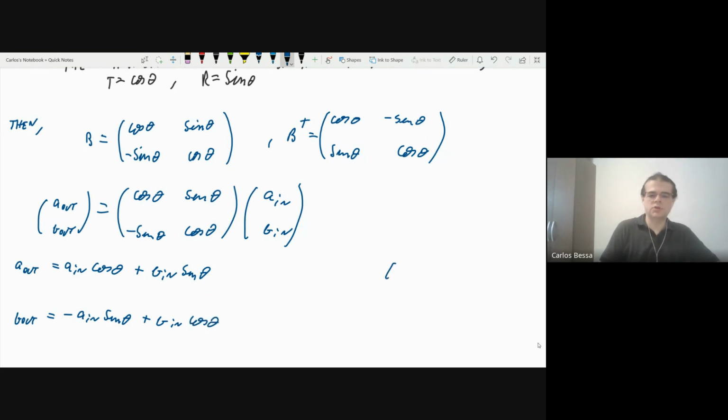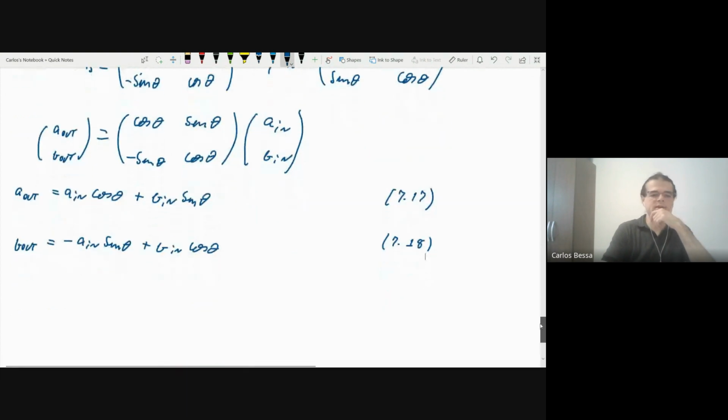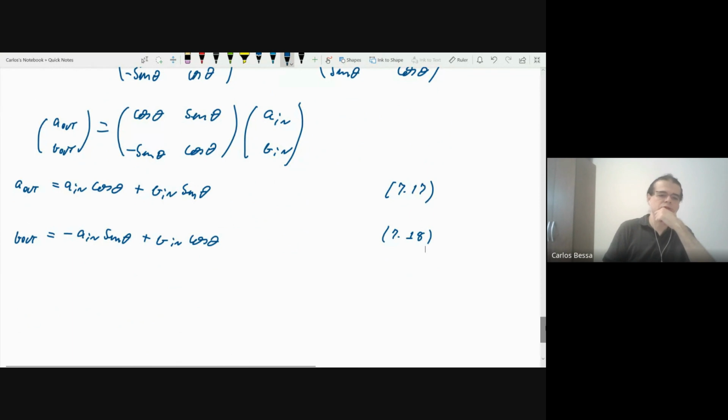And these are equations 7.16, 7.17, and 7.18 in the Nielsen-Schwenk. And in the picture, they put the picture we show.